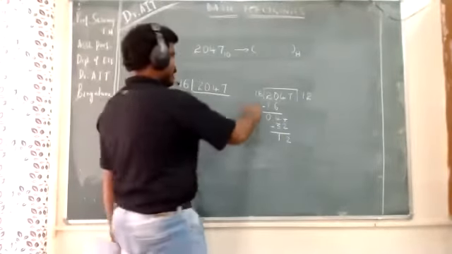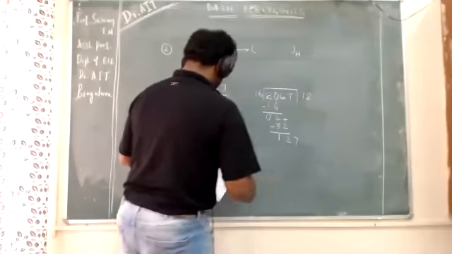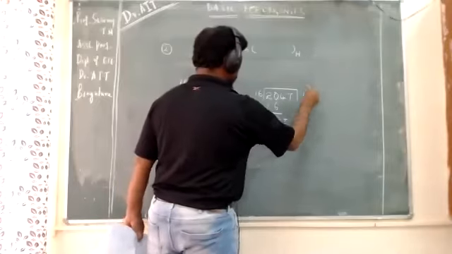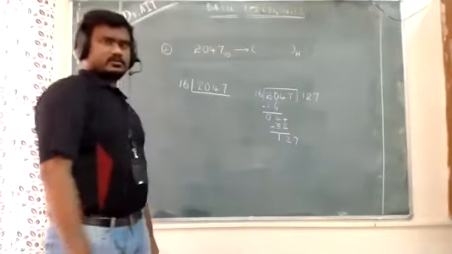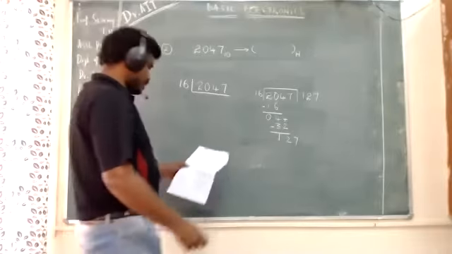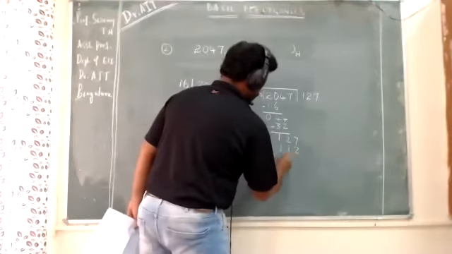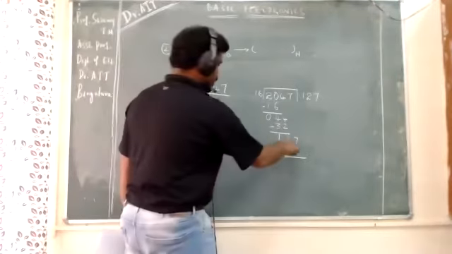Then I will take 7. So 16 sevens are, what you will get? Just find out. 112 I will get. Okay. Then subtract it. So then you will get 7 minus 2 is 5.